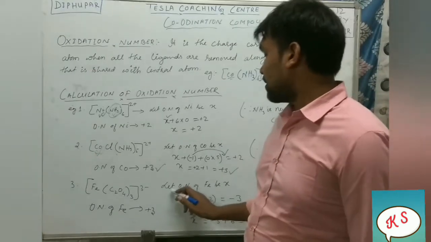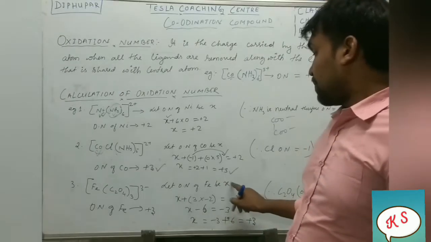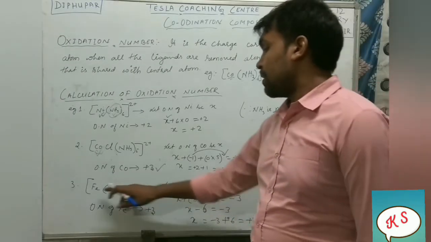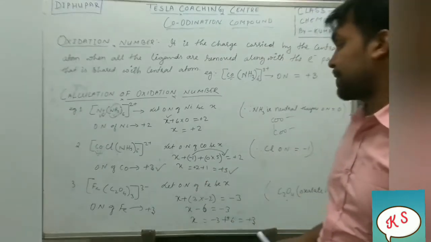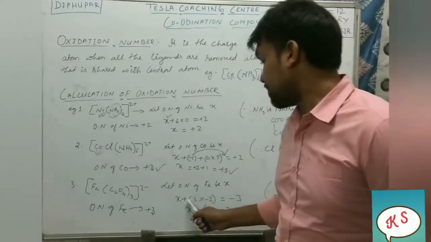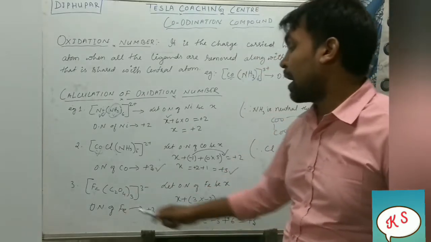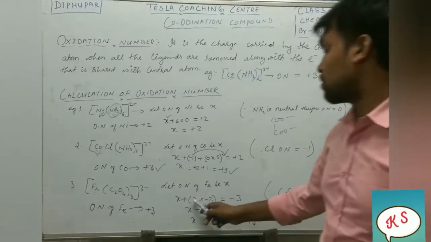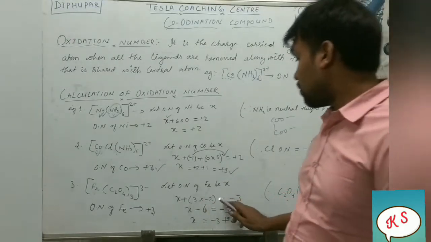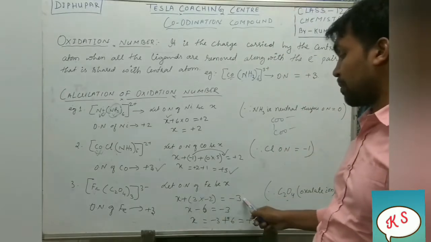So let the oxidation number of Fe be X. So we are considering that the oxidation number of Fe is X. So we have written X plus how many oxalate ions are there? 3. So 3. And what is the oxidation number of oxalate ions? It is minus 2. So 3 into minus 2 equal to, what is the charge here? The power given here is minus 3, so it will be minus 3.